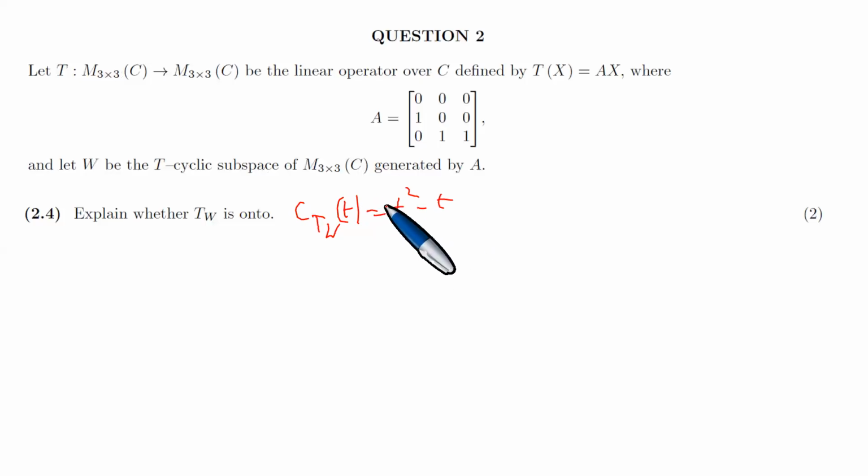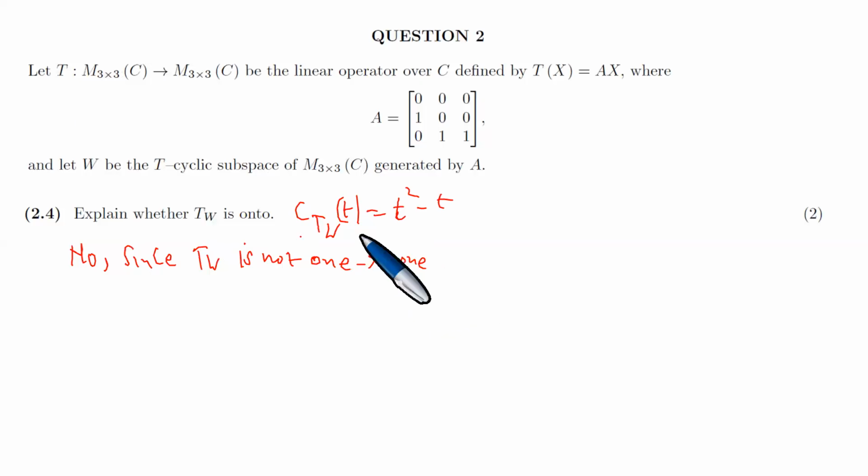A couple of ways obviously to look at this. This is just a polynomial, but the answer is that it is not onto. Why is it not onto? Since TW is not one to one.